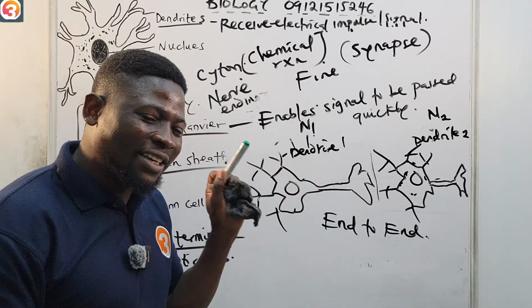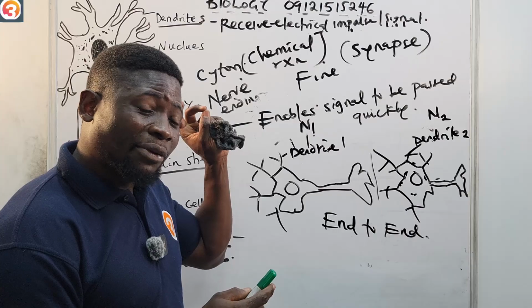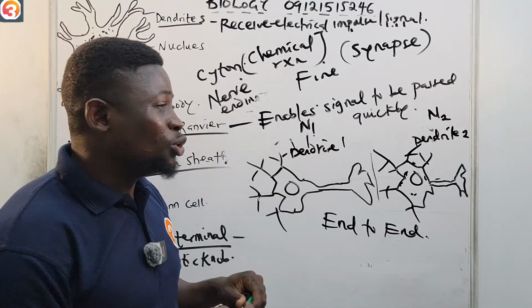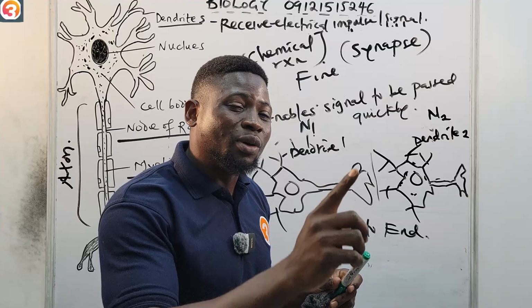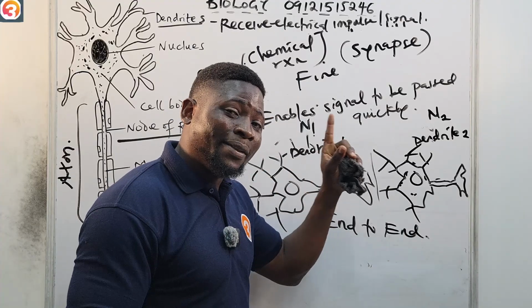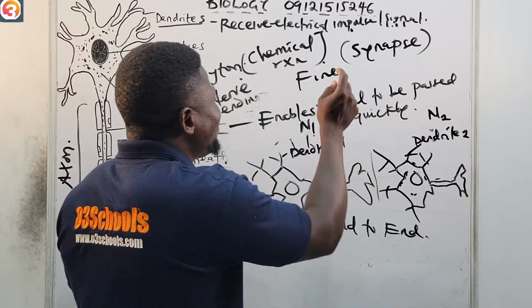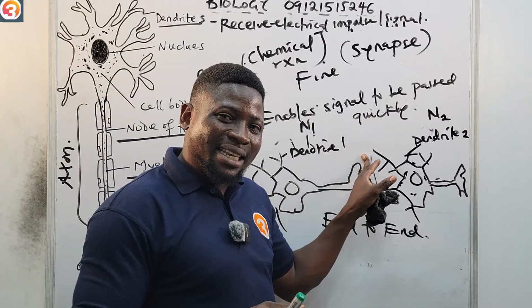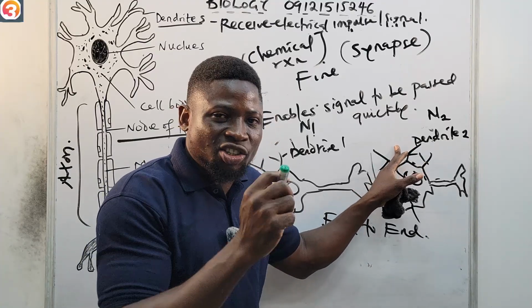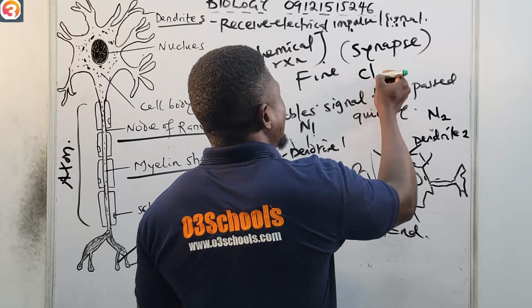Remember in the first episode I told you the difference between chemical control and nervous control is that nervous control is both electrical and chemical, while chemical control is strictly chemical. So there's a chemical reaction that takes place in this fine gap just before it gets to the dendrite.